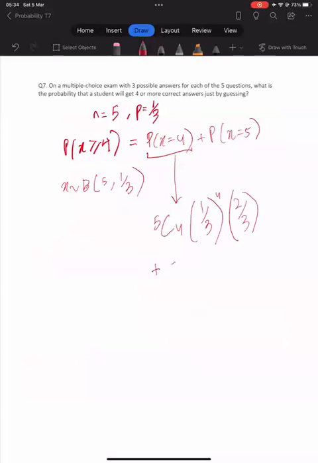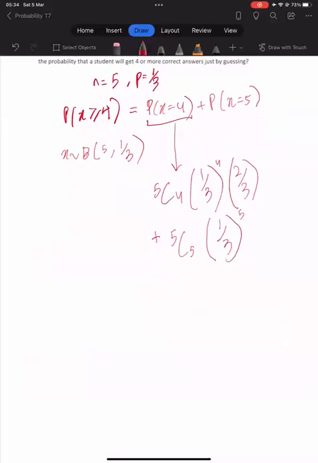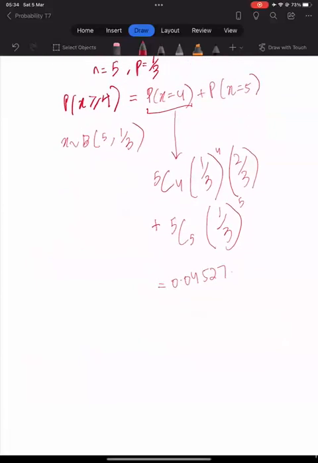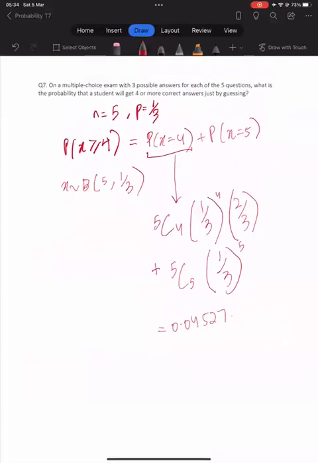Then 5C5, and you get all correct, so the probability is 1/3 raised to the power 5. This should come out to be 0.04527.